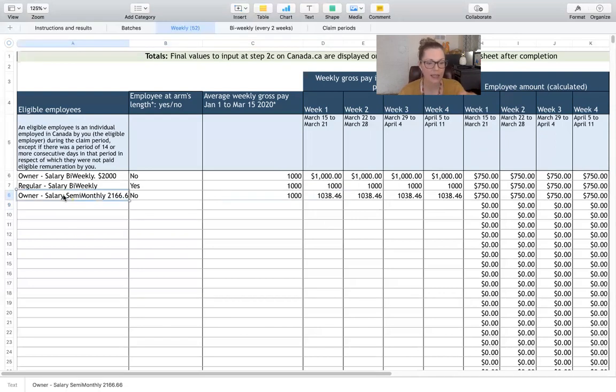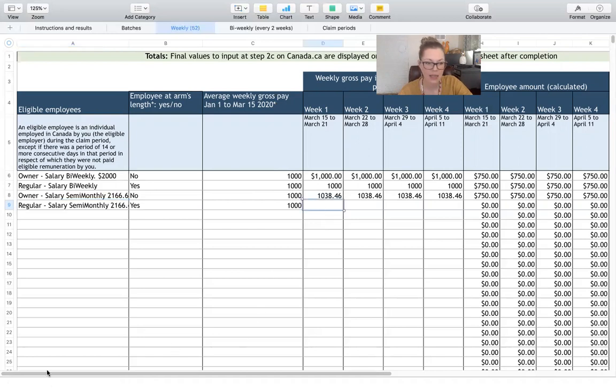But if I had the exact same situation with a regular employee, so they have been getting a salary semi-monthly of 2166. Are they at arm's length? Yes. They've been getting $1,000 a week because that is what the baseline of 2166 semi-monthly is.